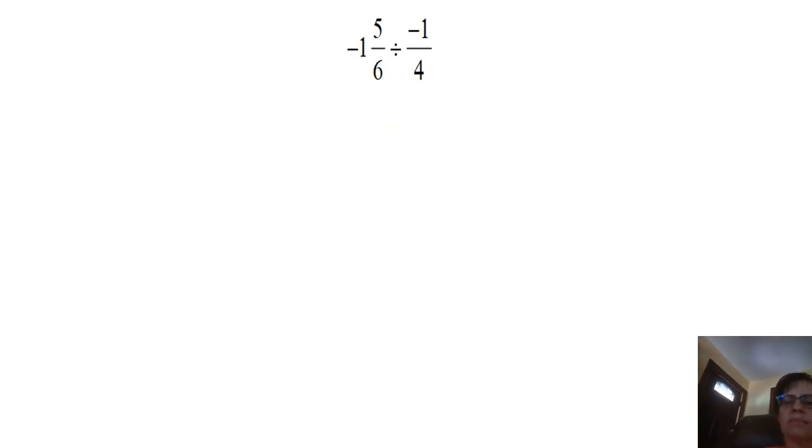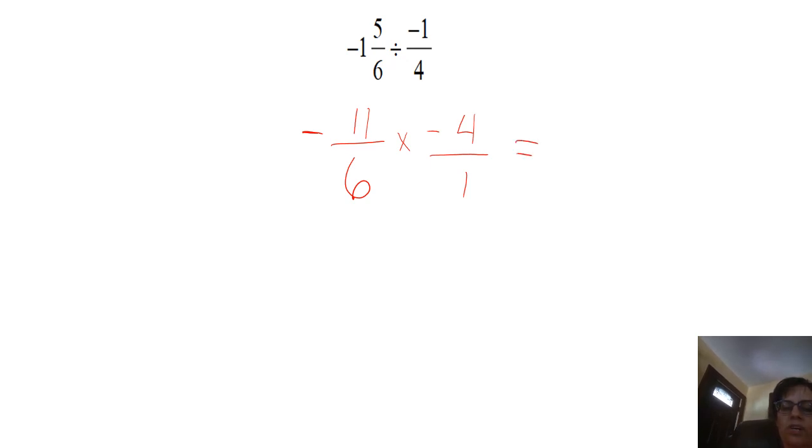Let's look at another example. Remember, mixed to improper, so it's going to be negative 6 times 1 is 6, plus 5 is 11 over 6. It's going to change to multiplication, and we're going to use the reciprocal, so flip that second fraction. All right, does anything cross reduce?